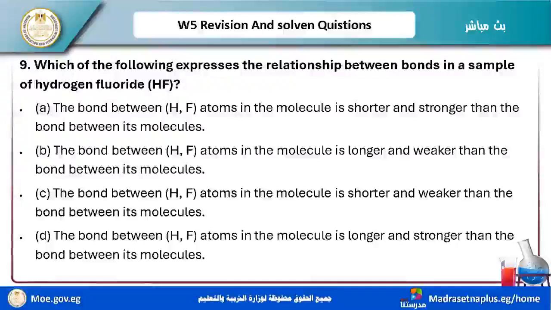Which relations are here, and which is the bond between the molecules? The bonds between molecules are hydrogen bonds, but inside the molecule I have a covalent bond.